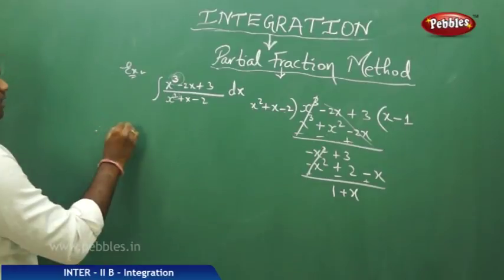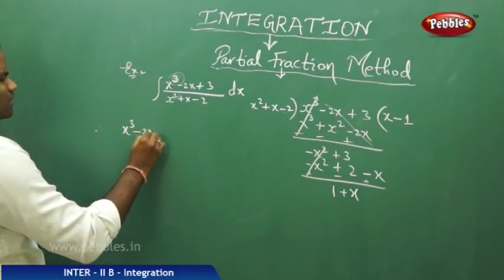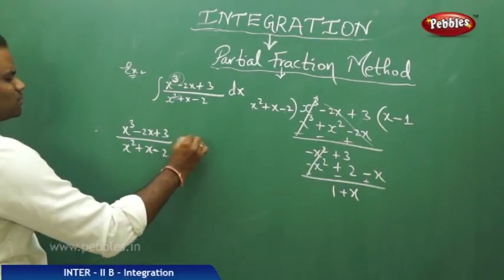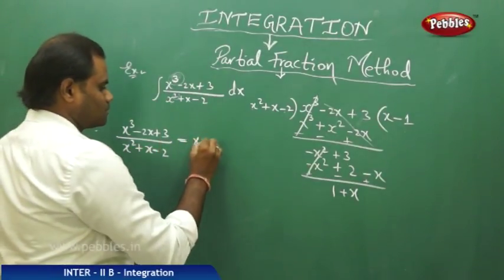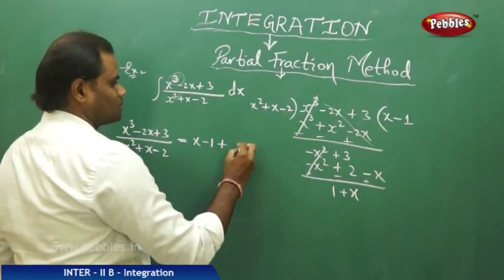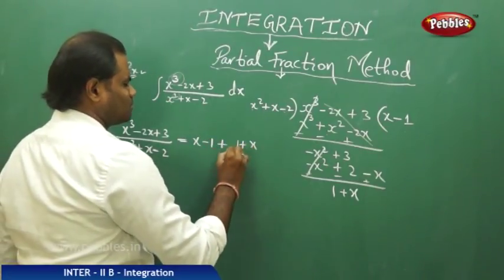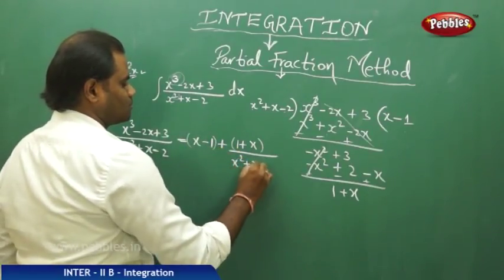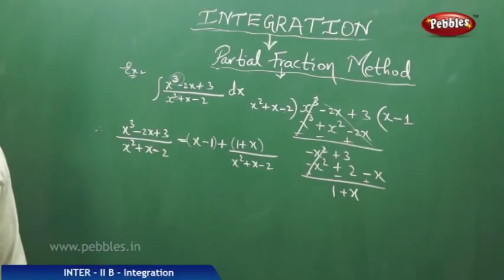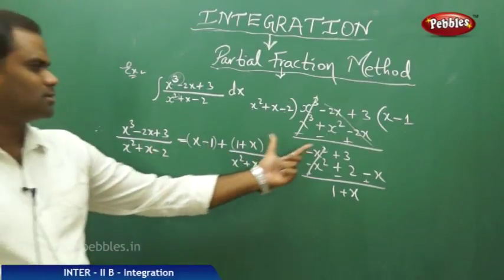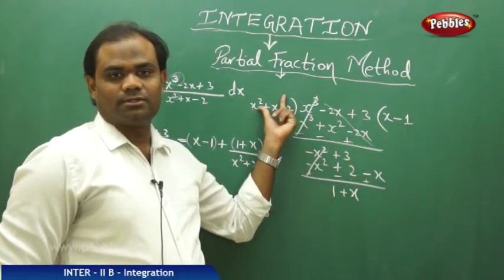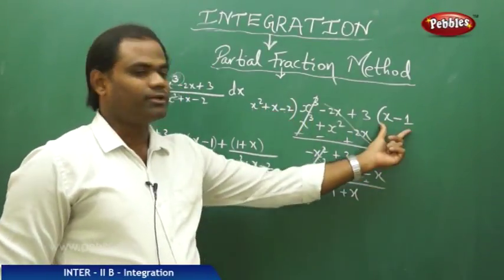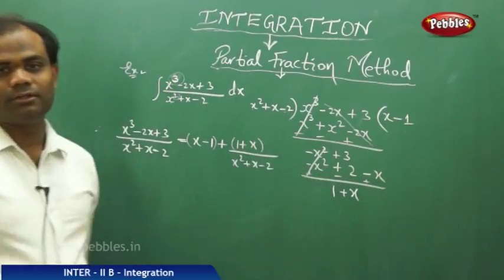Therefore, I can reduce x cube minus 2x plus 3 divided by x squared plus x minus 2 as the quotient plus the remainder over the denominator.